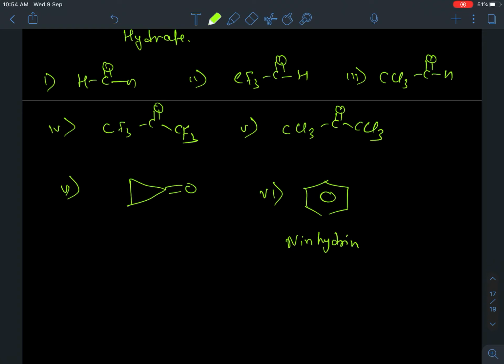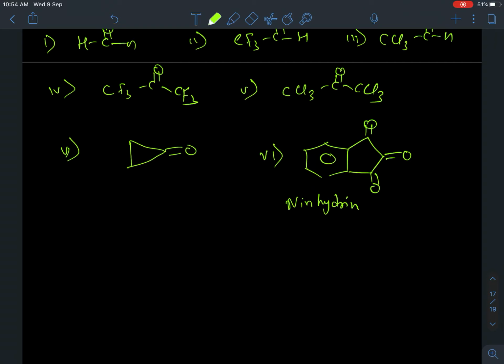This is also. So when you are going to attack water, you look at this once again. It's not only stability through the relief in angular strain.